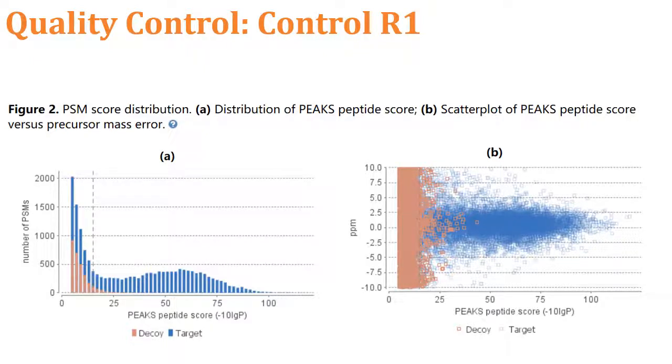Figure A is the distribution diagram of score and the number of corresponding spectrograms. Generally, more blue bars with a score of 20 or more indicate a higher proportion of high-quality spectrograms. Figure B is the distribution of quality score and instrument mass accuracy score, which can be distributed in the range of 2.5 ppm for most blue points, indicating the high and stable detection degree of the mass spectrometer.